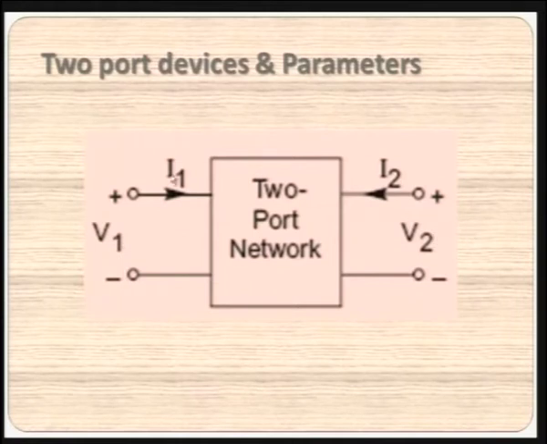For currents, we have I1 and I2. Now, we have four variables, namely I1, V1 on the input side, I2, V2 on the output side. We can do lot of mathematical operations with these four variables.